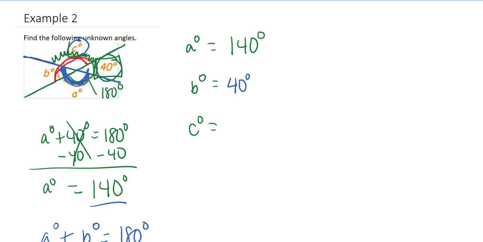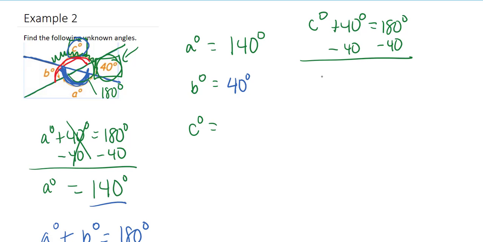Let's use the 40 degrees. Angle C plus 40 degrees is equal to 180 degrees because it forms a straight line. We subtract 40 on both sides like we've done before. And what do we get for C? We get 140 degrees.